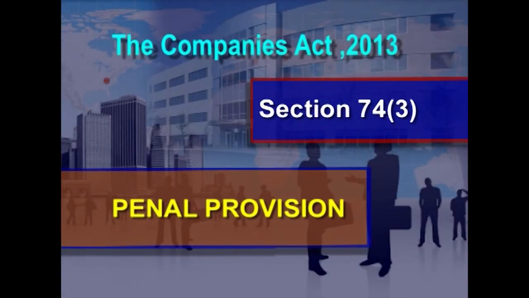Section 74, subsection 3, penal provision. The company has to pay off the depositor within the original time or extended time. Any failure in this respect makes the company liable to refund the amount due and also to pay a fine of an amount not less than rupees 1 crore but which may extend to 10 crores.